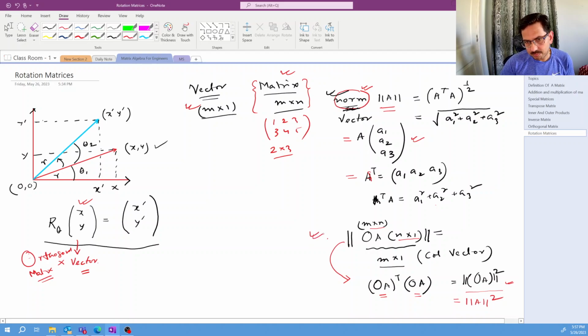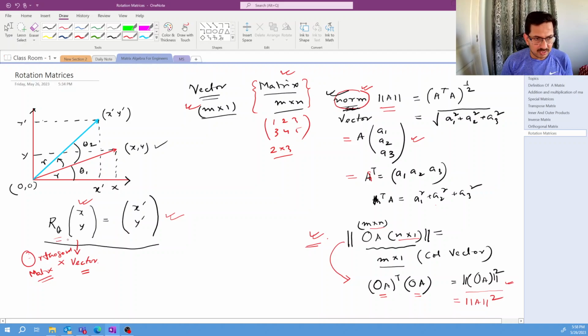That's the thing we proved here. Multiplying these things will not change the length of these vectors. That's the reason we need an orthogonal matrix. If you multiply this and build the new points, that will not change the length of the vector. That's why you need an orthogonal matrix.